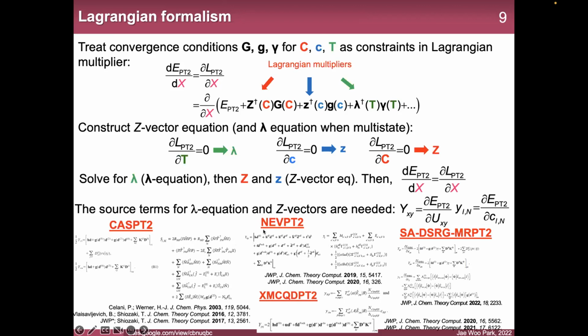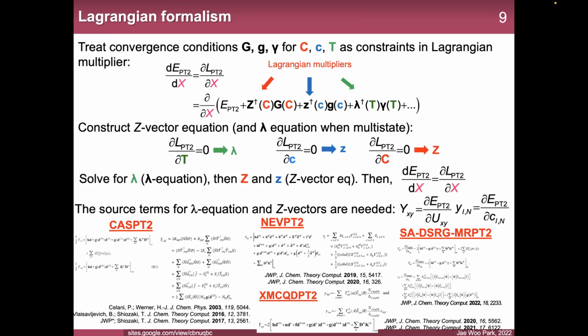So the main difficult part of this kind of work is deriving the equations for the source terms of these Z-vector equations, and I derived the equations for the various MRPT2 theories, and the equations look like this, and there are some conditions depending on the theories. For example, MC-QDPT2 and DSRG-MRPT2 should include the semi-canonical condition for active orbitals, so that should be coupled with the Z-vector equation.